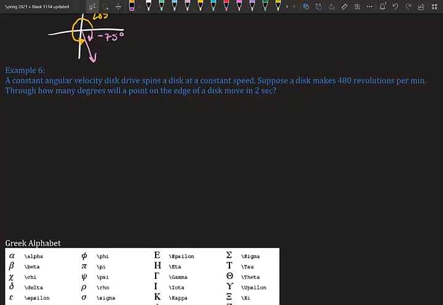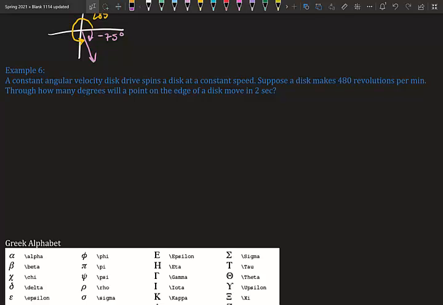A constant angular velocity disk drive spins a disk at a constant speed, meaning it's just spinning at the same speed. Suppose a disk makes 480 revolutions per minute. Through how many degrees will a point on the edge of the disk move in 2 seconds? Okay, so we have 480 revolutions per minute.